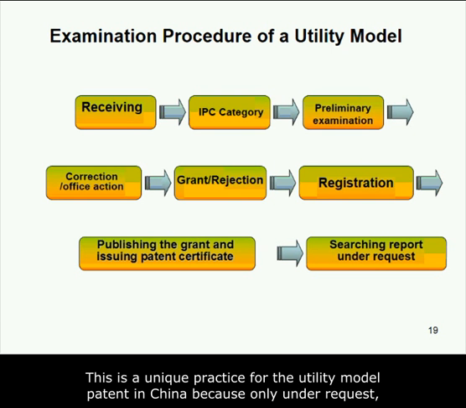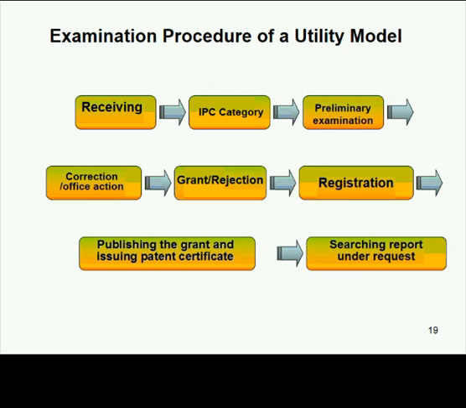There's a unique practice for utility model patents in China, because only under request will the patent office do the prior art search and give the patent application a search report.